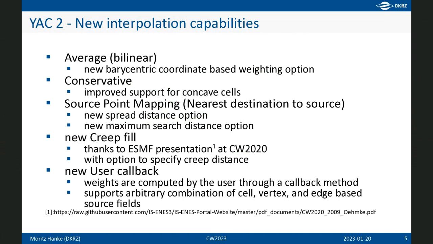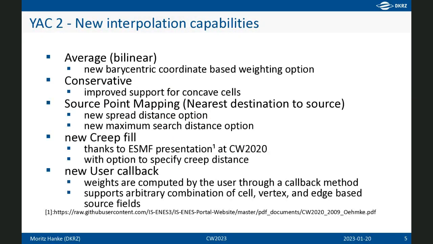Interesting interpolation method. And then we added a user callback method, where the user provides a callback method, which is called by YAC when it wants to have the weights for a specific target point. And then the user computes these weights and passes them back to YAC, which then uses them for the matrix vector multiplication for the interpolation.